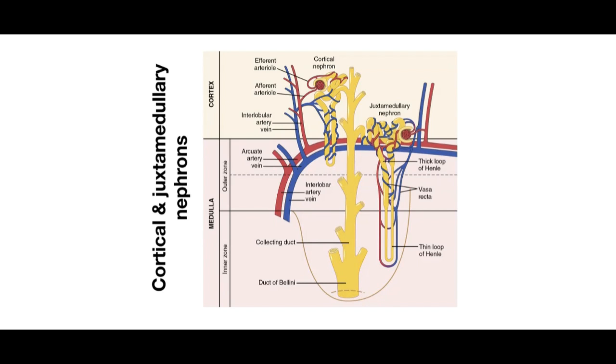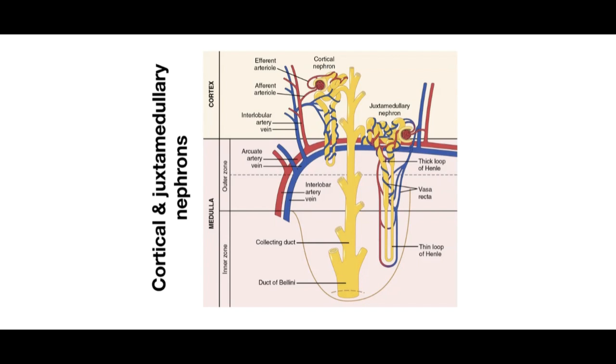It's part of the main reason why you have such a large granular appearance. About 85% of all of the nephrons in your body are cortical nephrons. Some of it will dip down into the outer medullary region, but it's not going to go further down beyond that.